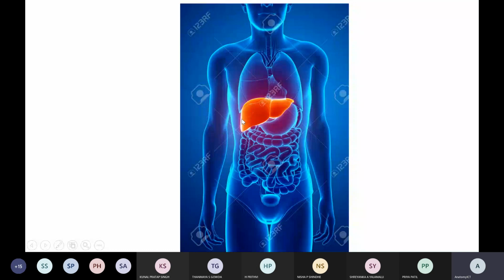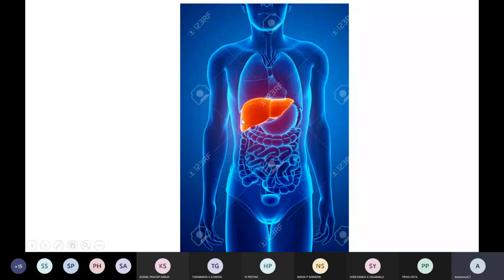Below the upper horizontal line, there is the right lumbar, the umbilical in the middle, and the left lumbar. These are the three regions present in the middle.